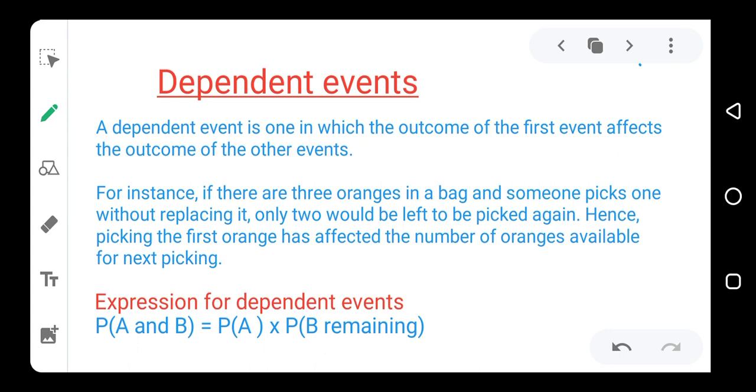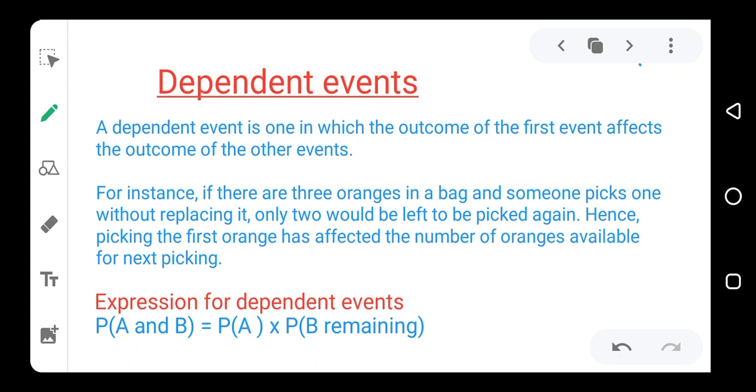So from the first event, you picked an orange out of 3 and now remaining 2. Now that means that if you want to pick another orange, which is another event, you are going to be selecting from 2 instead of 3. In the first event, you selected from 3 oranges, but in the second event, you are now selecting from 2 oranges because you have given somebody one of the oranges.